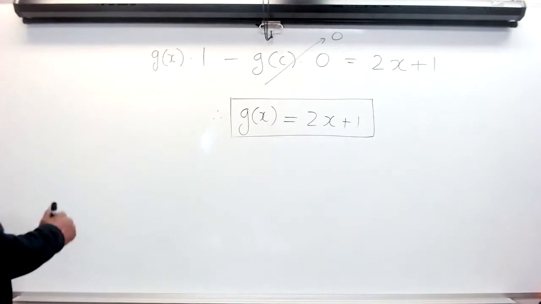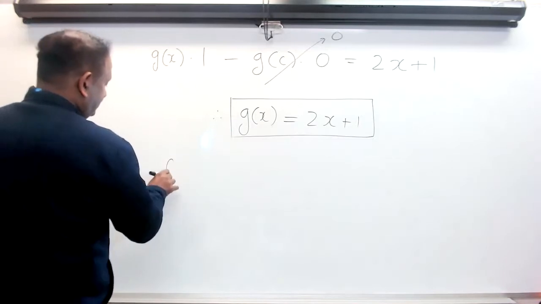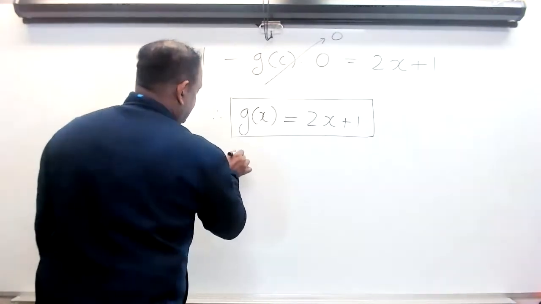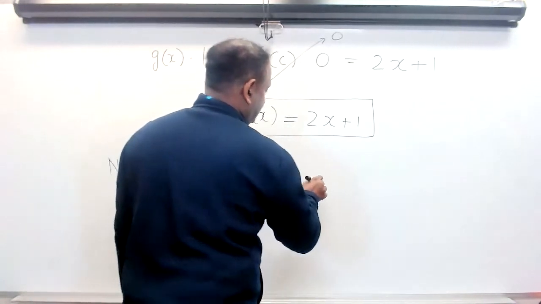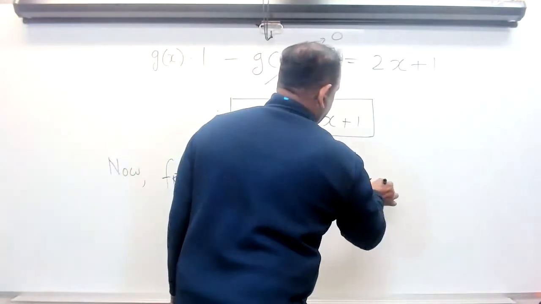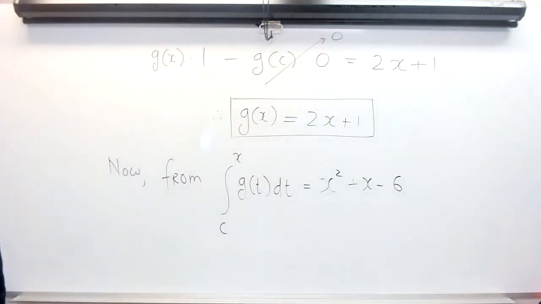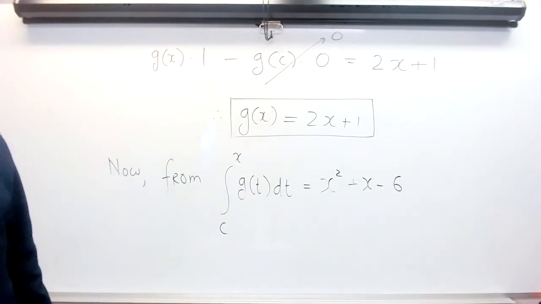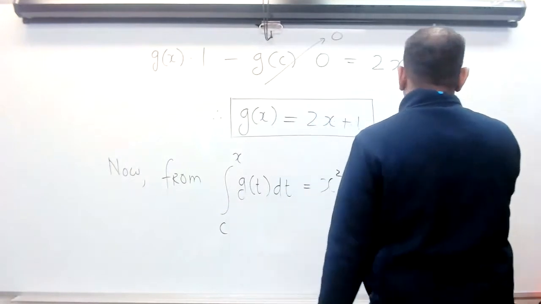Now you can go back to the original equation. From this, the integral from c to x of g(t) dt is nothing but x squared plus x minus 6. Can you remember? Now you know g of x, so you can put it here easily.